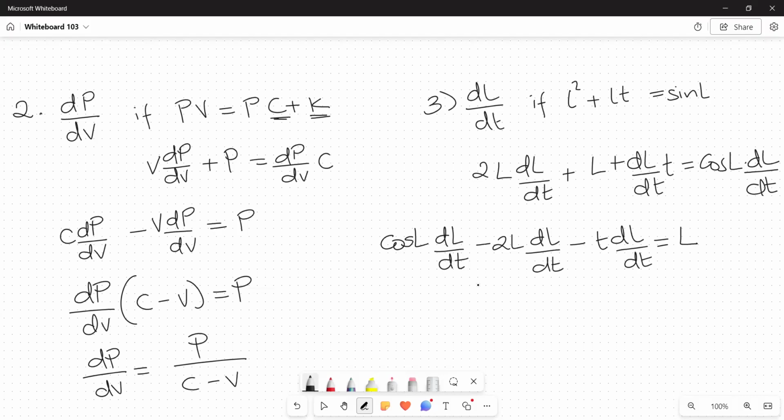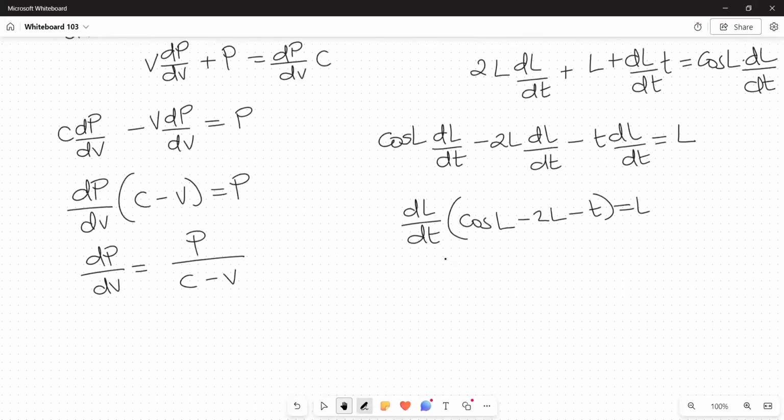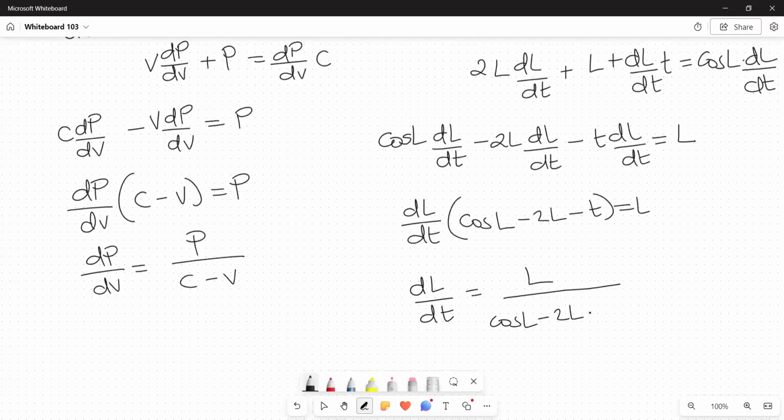This one goes that side, it becomes negative. And then we have dL/dt, this is cos L minus 2L minus T, is equal to L. And then making dL/dt the subject of the formula, we have dL/dt is equal to L over cos L minus 2L minus T.